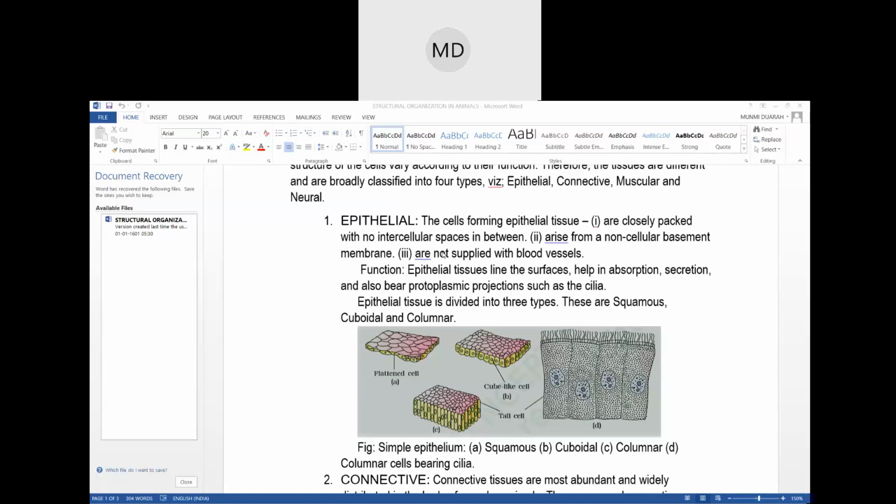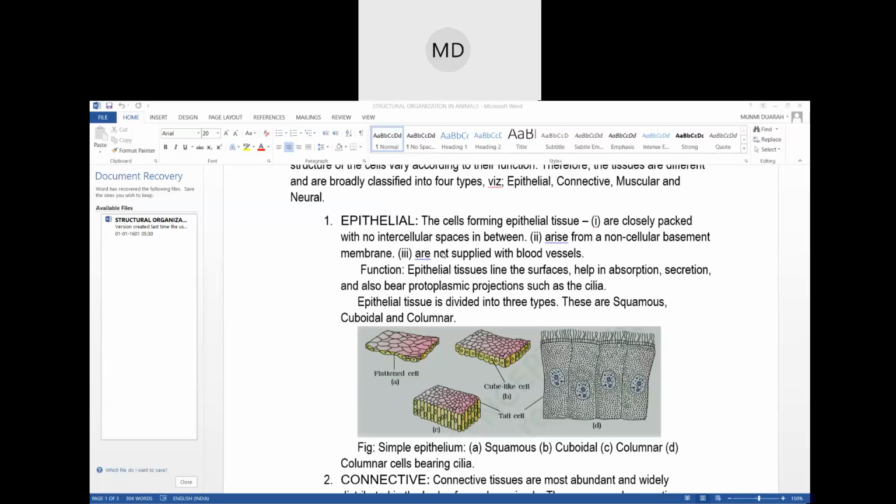Squamous is flat. The epithelial cells in squamous tissues are flat, the epithelial cells of cuboidal tissue are in the shape of a cube, and columnar is columns. And there are some columnar tissues which have cilia. So what are cilia? Cilia are hair-like projections.